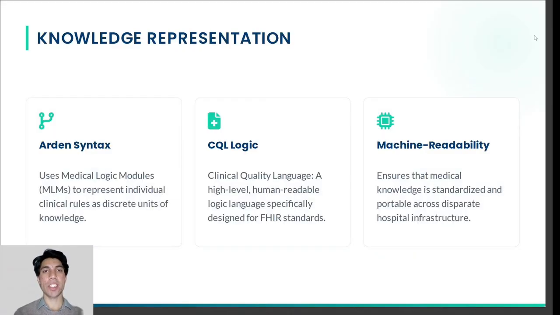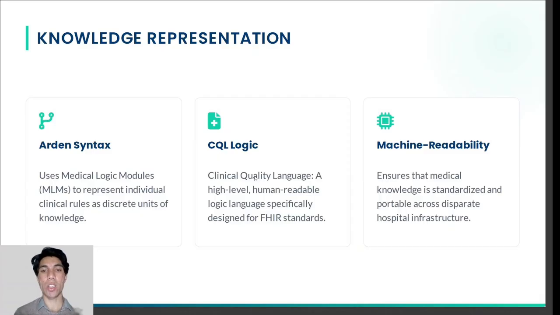The knowledge representation in our clinical knowledge bases is of two types. First is the Arden syntax. It uses medical logic modules. It is basically a markup language used for the representation of individual clinical rules as discrete units of knowledge. So this is basically that hard-coded kind of knowledge base. And then we have the CQL, or Clinical Quality Language.